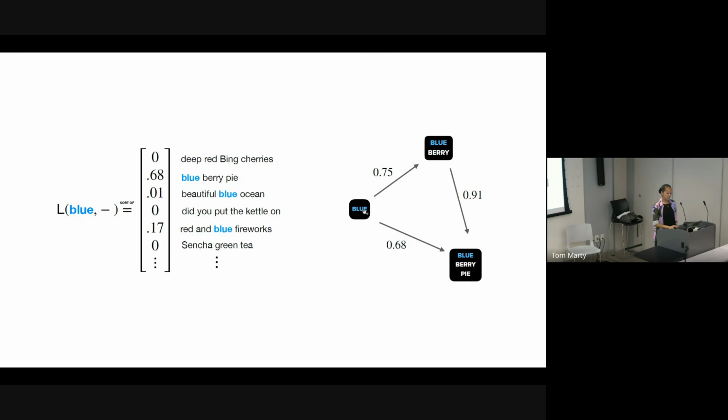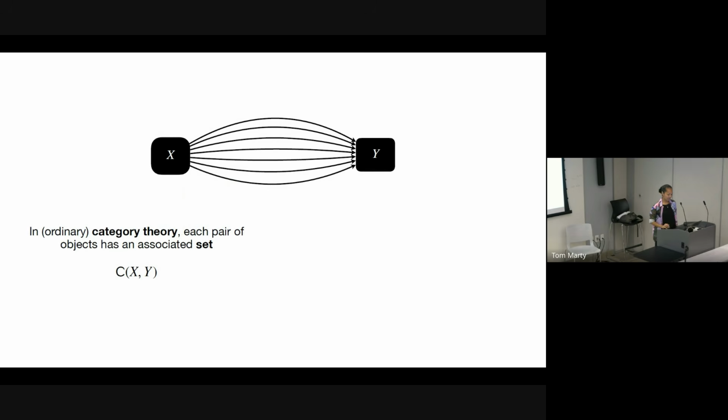So maybe instead of just having an arrow that blue sits inside of blueberry, witnessing that containment, I want something like, yes, but that arrow is also decorated with something like this conditional probability, right? The nice thing is we don't have to do this ad hoc. There's already an existing framework in the literature that this fits perfectly into.